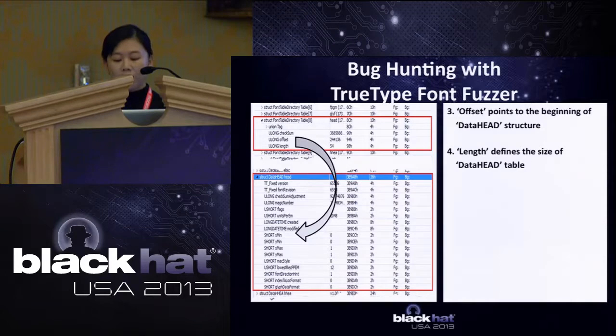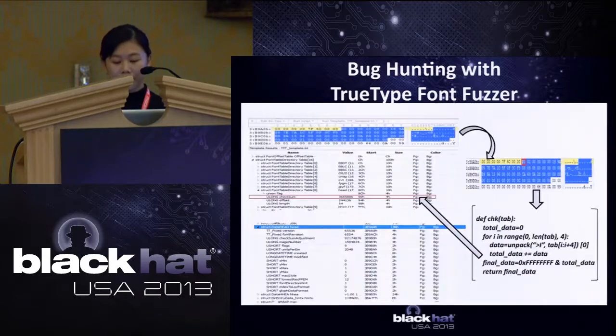The offset values should always point to the beginning of the data structures, whereas the length value must always equal the size of the data. Therefore, during the fuzzing process, changing any data location and contents should always update the particular values of offset and length under the font table directory.